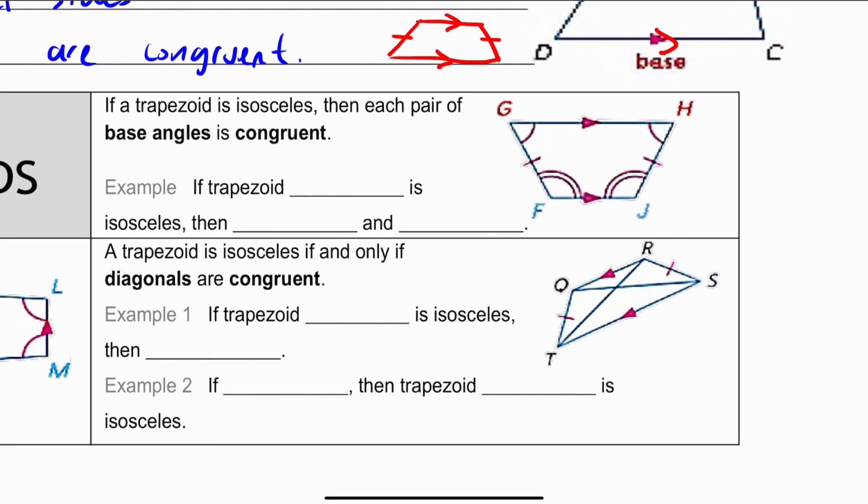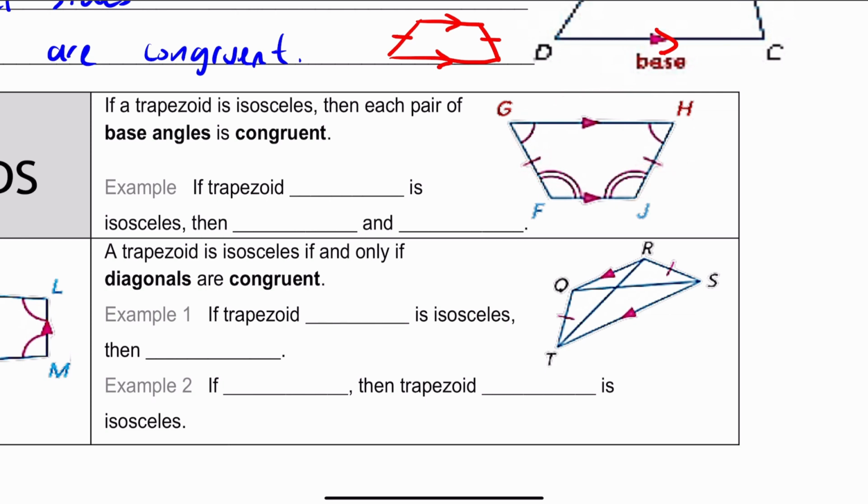If a trapezoid is isosceles, then each pair of base angles is congruent. So this is the reverse. We know this is an isosceles trapezoid because of these two tick marks here.